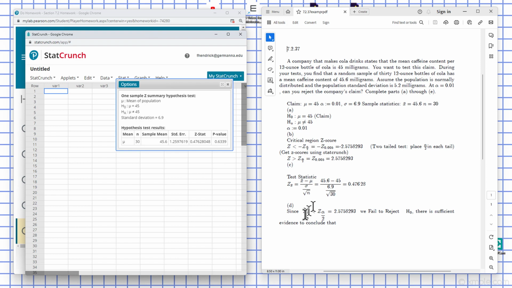And since you see our z-test statistic is less than our critical value, 2.57. Another way of looking at it is the z-test statistic is closer to 0 than the critical value. It's outside the rejection region, so we fail to reject the null hypothesis.